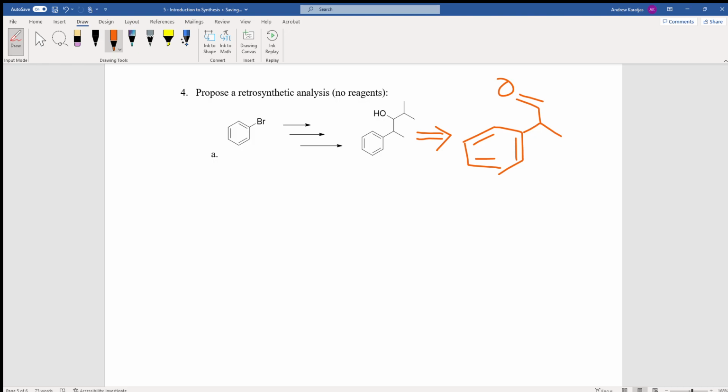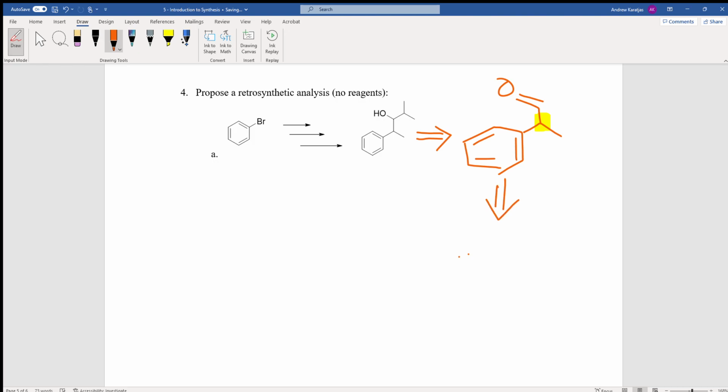And the oxygen's not in the right place. If I wanted to add these three carbons using another Grignard, I would actually need the alcohol to be here. So is there a way that I can move that oxygen over? I can. It's not terribly efficient. It's going to take us several steps, but we can get there.